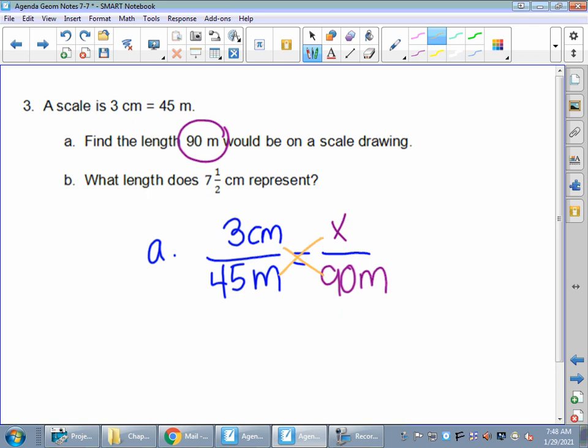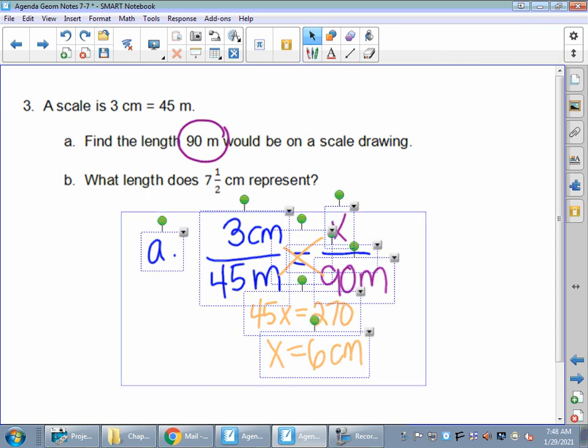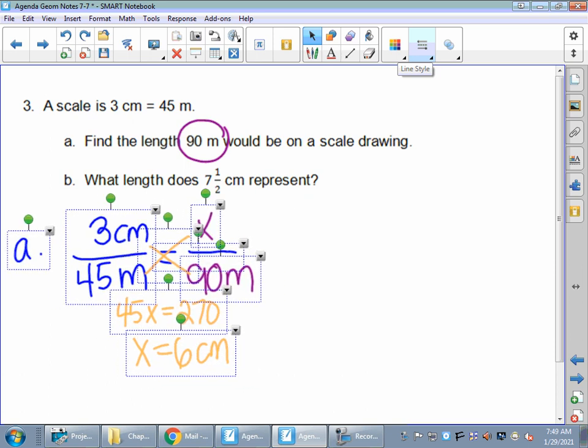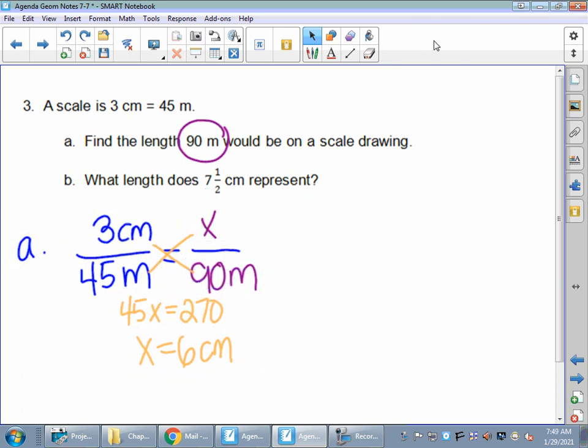You're going to end up with 45x is equal to 270. When you divide that out, I believe you're going to end up with a 6. So 6 centimeters for every 90 meters. So it's just knowing where to put things. That's why I like to set it up as a proportion and put my labels on there.